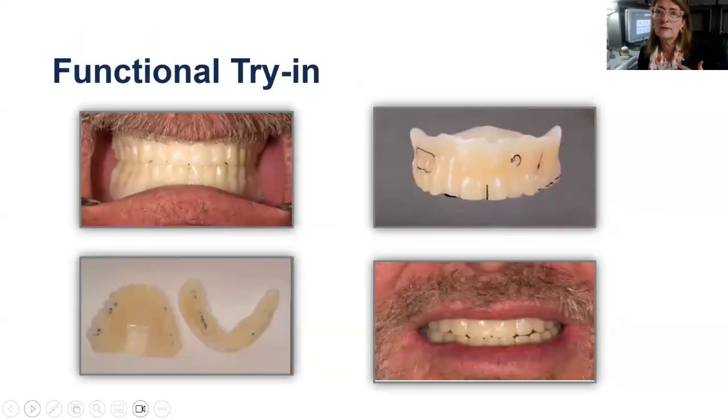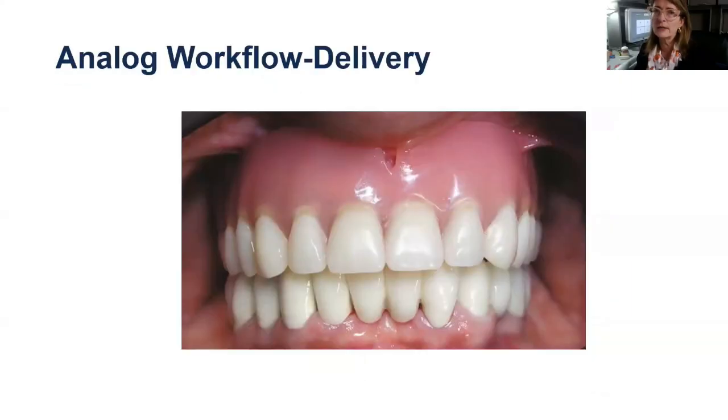And another view of that functional try-in. I must say, the first time you take it out of a box, it's a little alarming. It's like, whoa, what is this? So it's good that you're seeing it on screen first. And then when the patient is trying it in, typically their lip line is such that they're still able to get a really good feel for what the final prostheses would be.